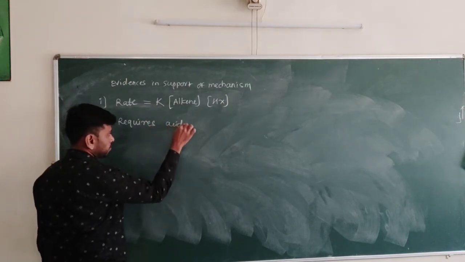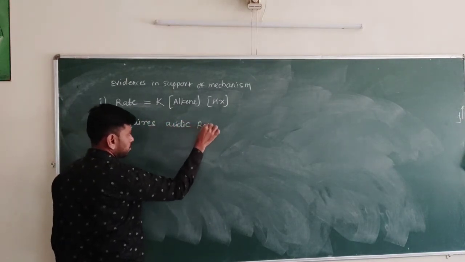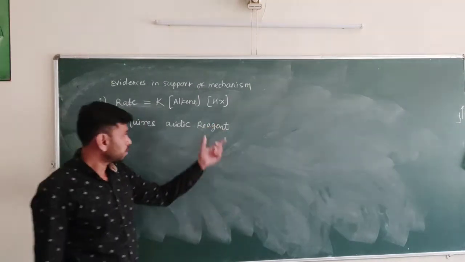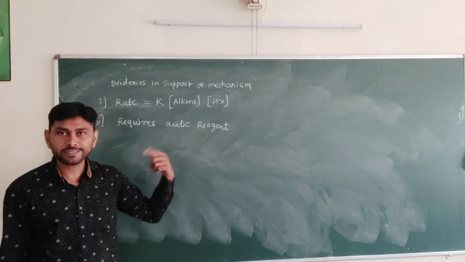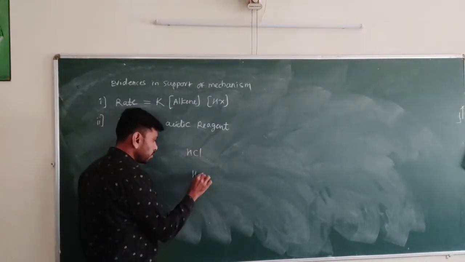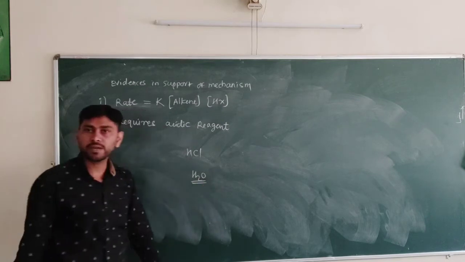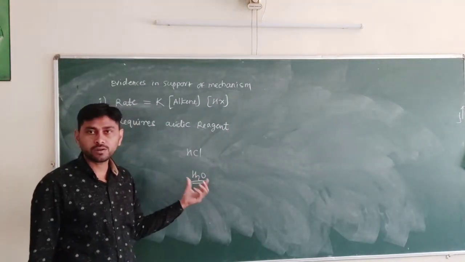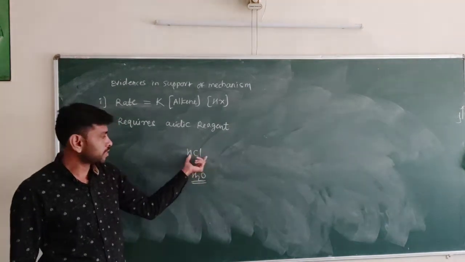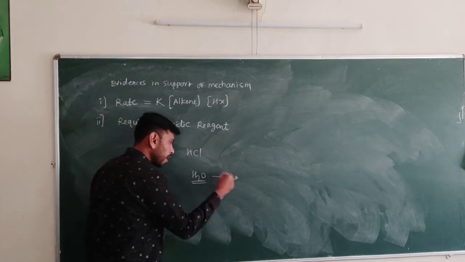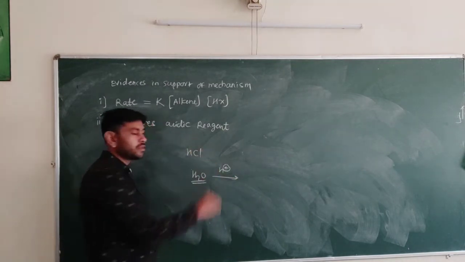acidic reagent such as HCl. This reaction does not take place by simply adding water. Why? Because water is not as acidic as HCl or any other acidic reagent. So we have to add another acidic reagent.